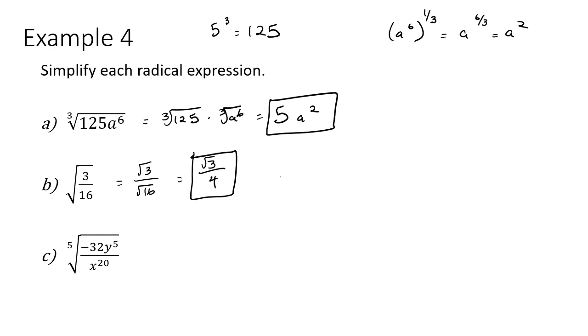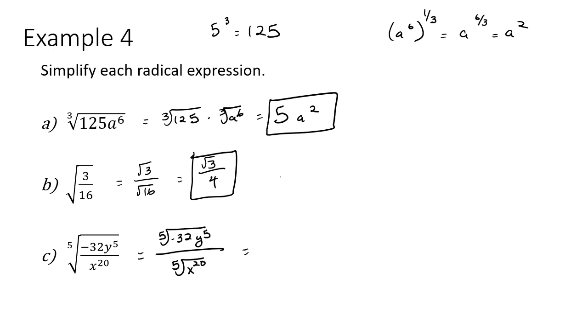And then for part C, we're going to need to apply both the quotient rule and the product rule of radicals. So let's start by applying the quotient rule. We've got the 5th root of a fraction, so we would take the 5th root of the numerator, as well as the 5th root of the denominator. But this negative 32 y to the 5th is a product.